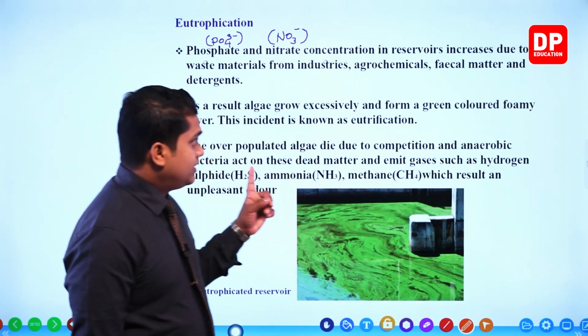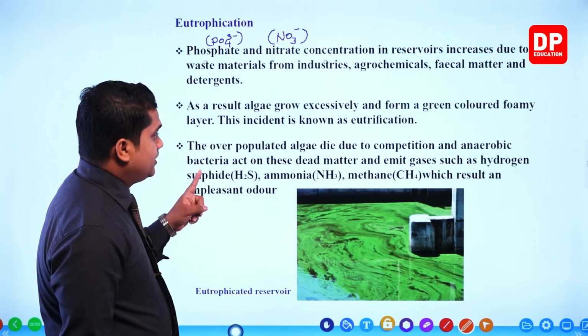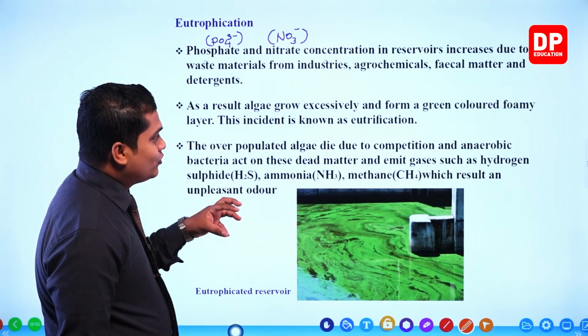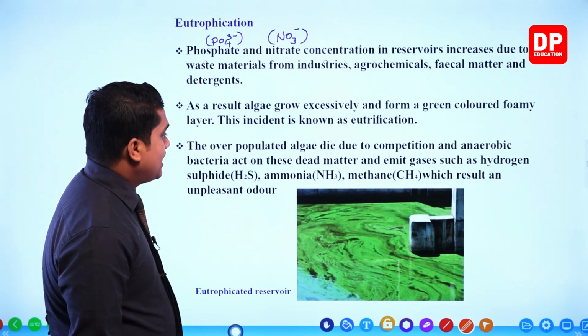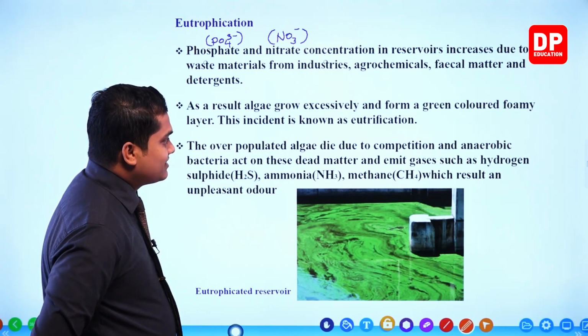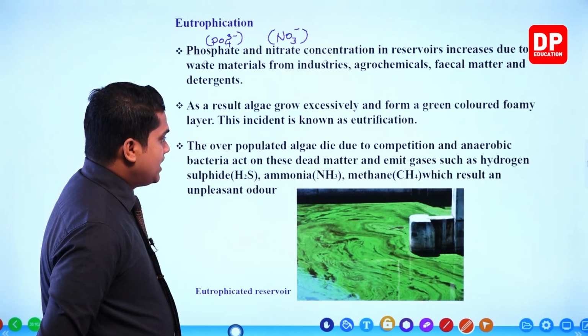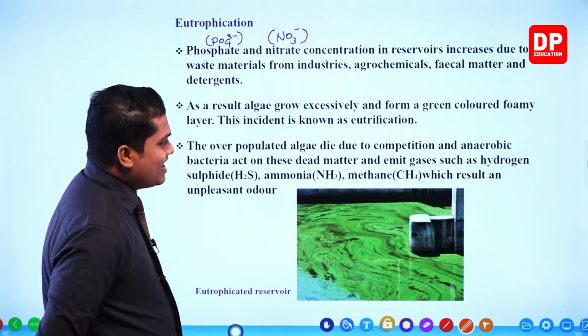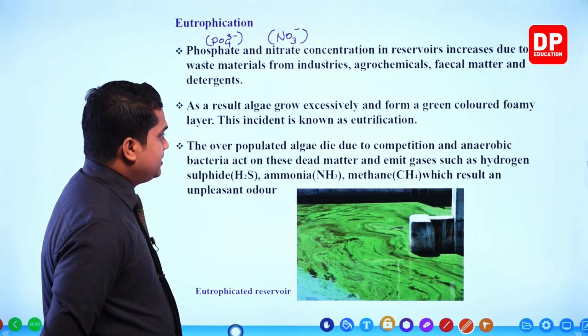So here, as it is given, the overpopulated algae die due to competition, and anaerobic bacteria act on these dead matter and emit gases such as hydrogen sulfide, H2S, ammonia, NH3, and methane, CH4, which result in an unpleasant odor.